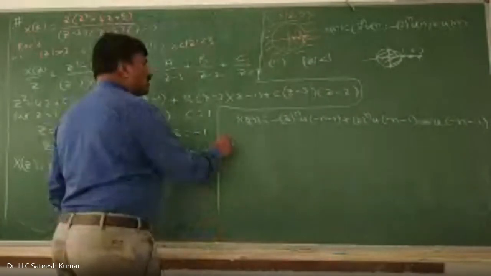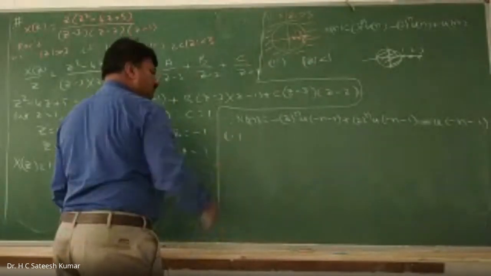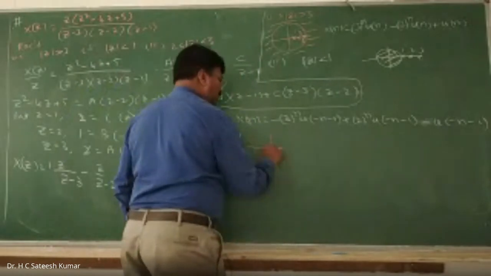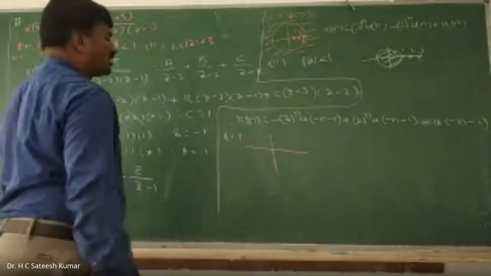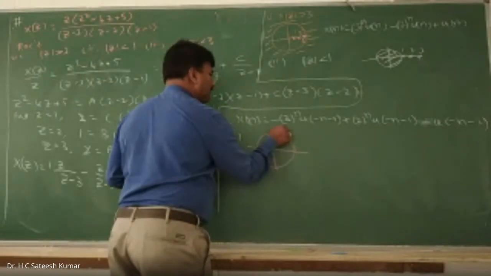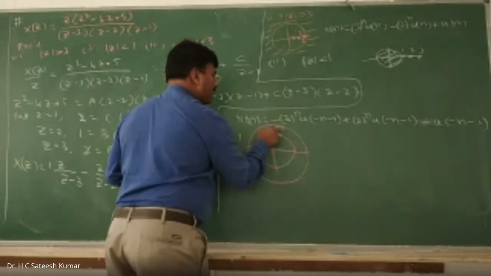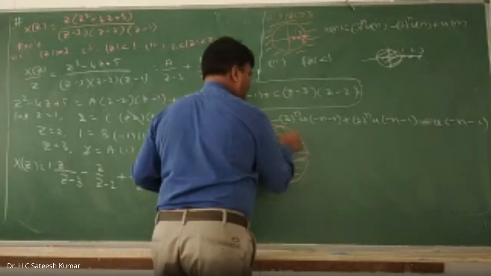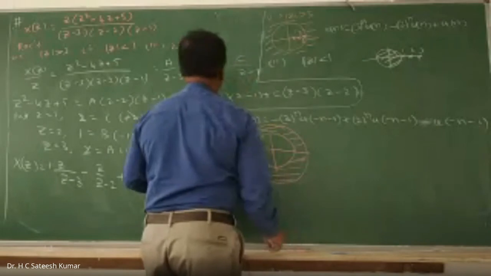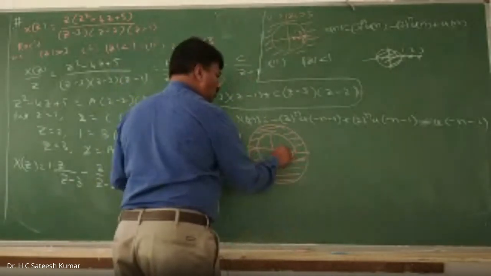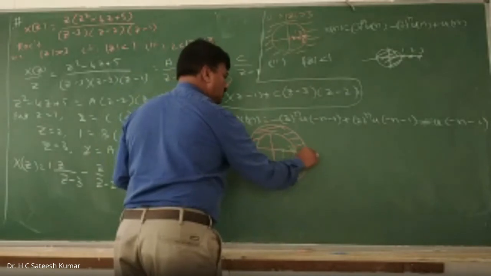Okay, right. Third one. So what you should do? Go for the sketching of the ROC. ROC is what? Mod z lies between where to where? Where are the poles? Poles are at 1, 2, 3.